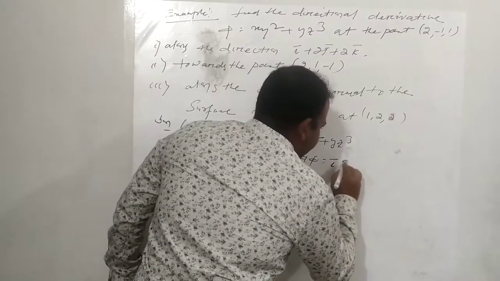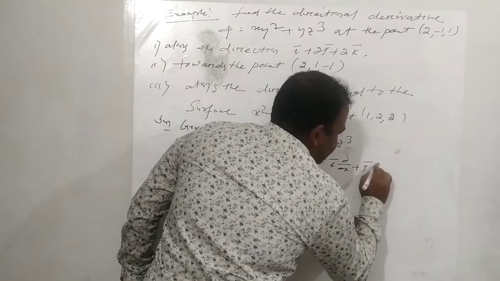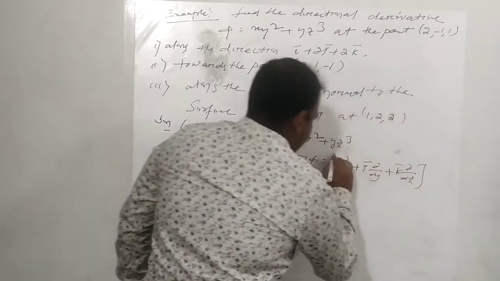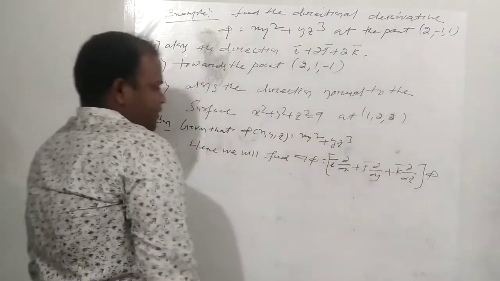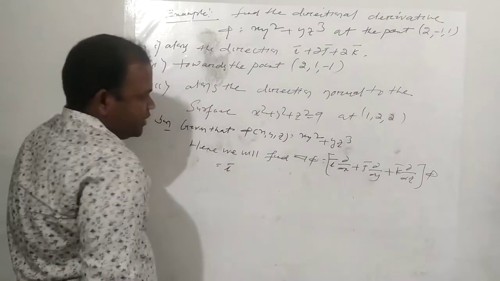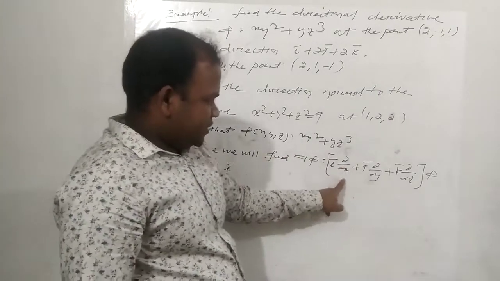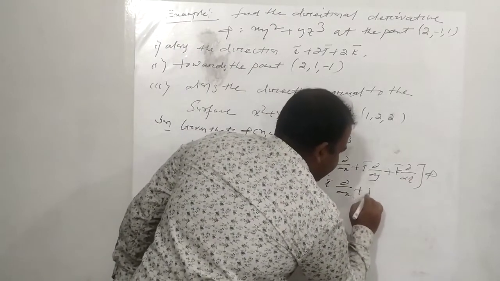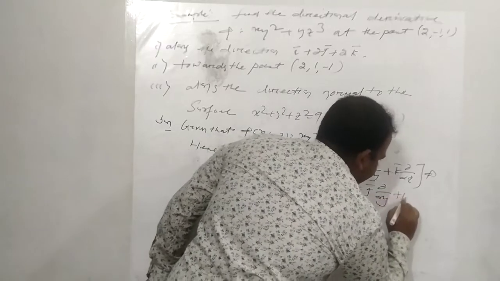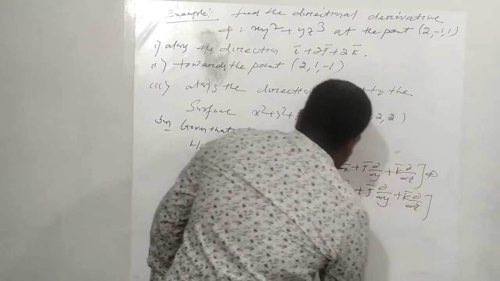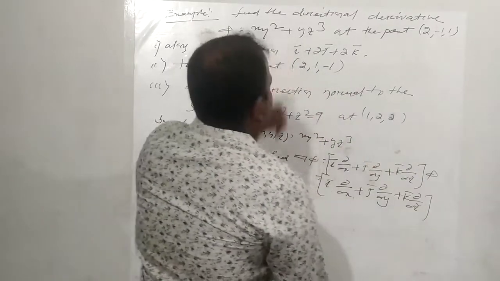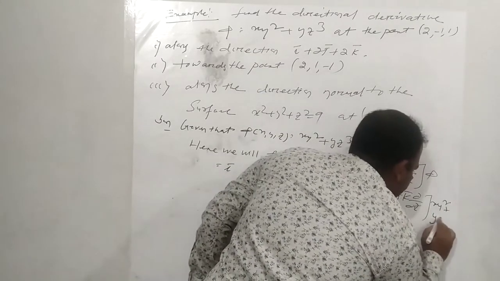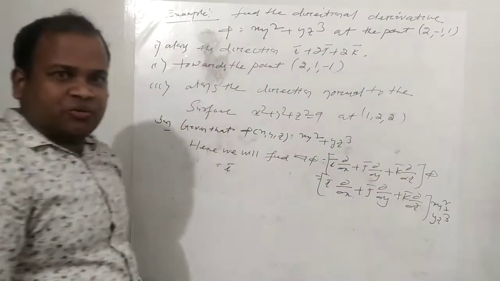This is i bar dou by dou x, j bar dou by dou y, k bar dou by dou z, applied to phi. What is the value of phi? This is x y square plus y z cube.